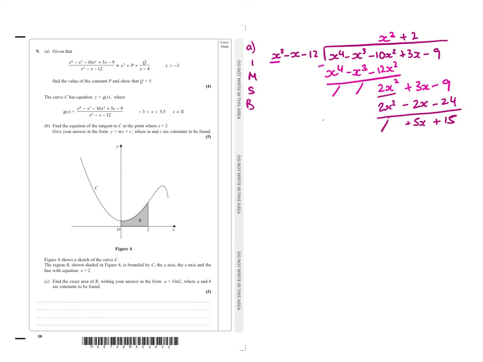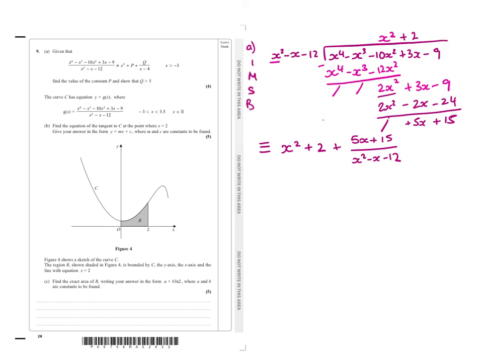So now what we know is, for part A, this is completely equivalent to x squared plus 2, and then we have a remainder of plus 5x plus 15 over x squared minus x minus 12. But you can clearly see that it's not in that form.